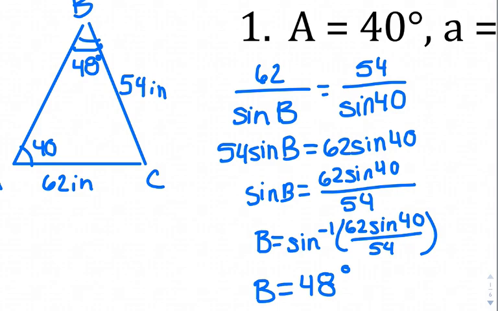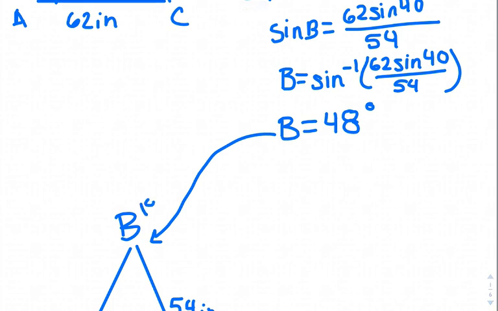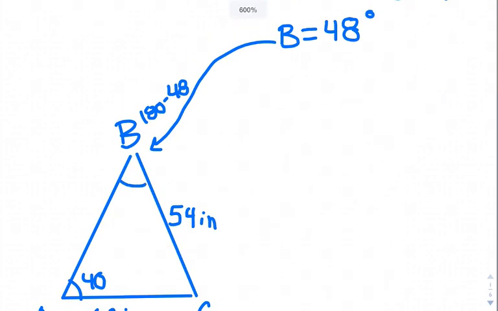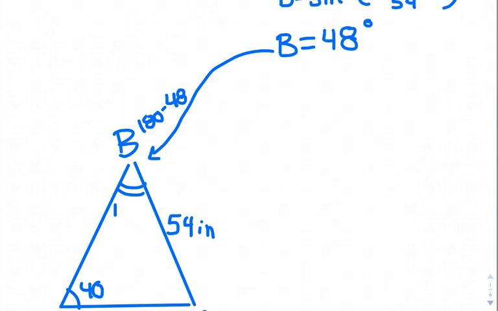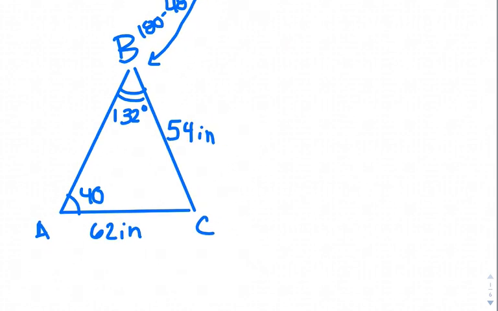Now this is where I split up into my second triangle. I take this B value and I do 180 minus 48, and here I would put that new number. So I would get 132. Now to decide if this is an actual triangle or not, I look at the angles already given to me, so angle B, which I just wrote in, and then 40.